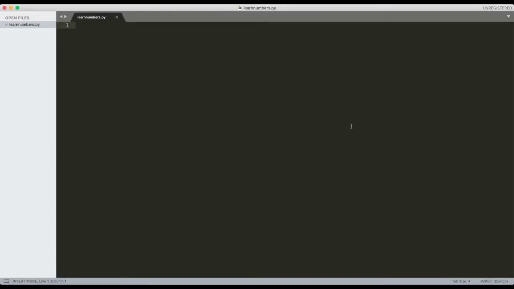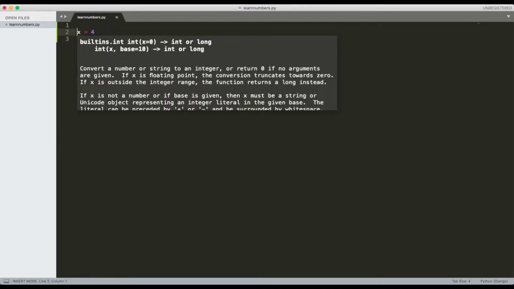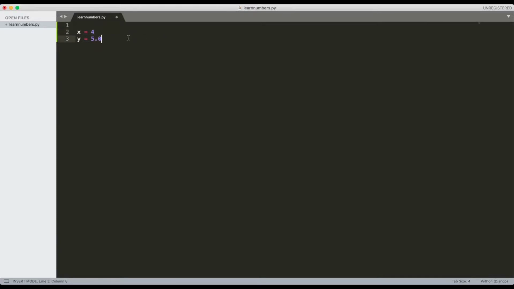In Python, there are two very common numeric types that people use. One of them is called integers, and the other one is called floats. Really, the biggest difference between the two is that one has decimals and one does not. So x here is an integer, y here is a float.